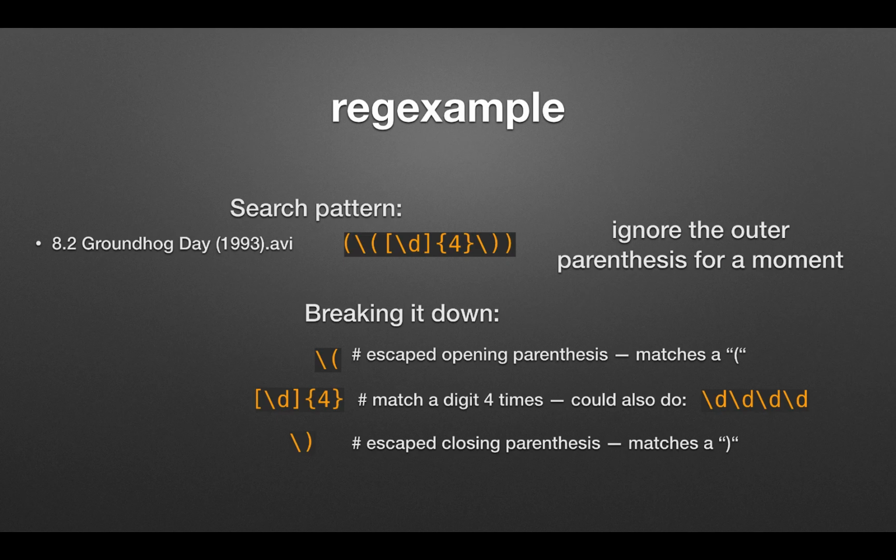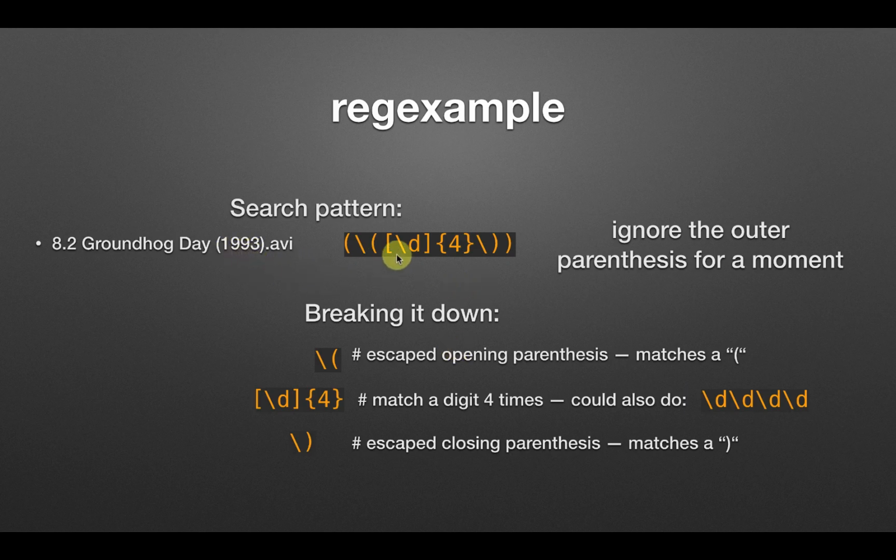Okay, and now the last part, probably the easiest part. Again, ignore the outer parentheses for right now. Here, parentheses have meaning in regular expressions. So we're going to use that slash to say treat this as a regular old parenthesis. So our pattern is look for a parenthesis. Then you could do /d 4 times like this because we're looking for 4 digits for the year.